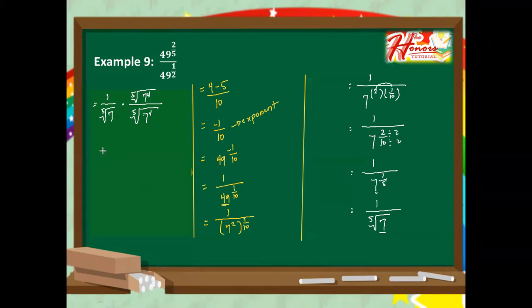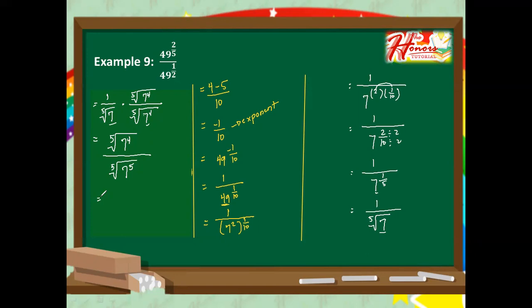So let's continue. So 1 times fifth root of 7 raised to 4 is fifth root of 7 raised to 4. And then for our denominator, just multiply the base and add the exponents. So we have here fifth root of 7 raised to 5.